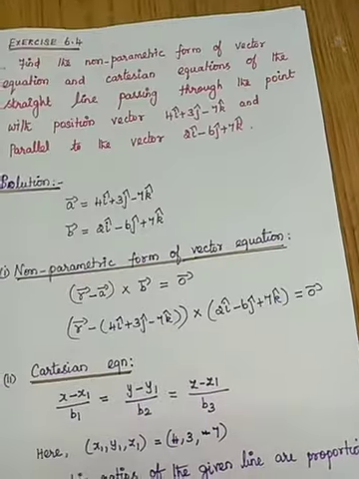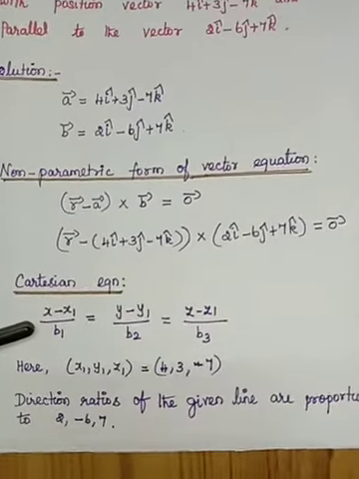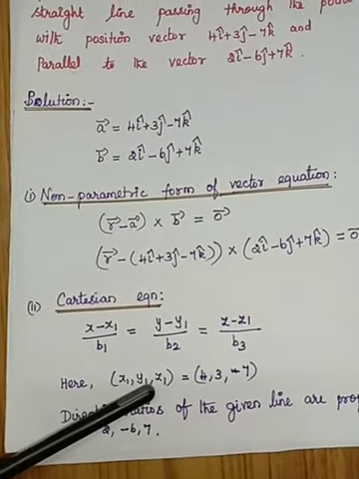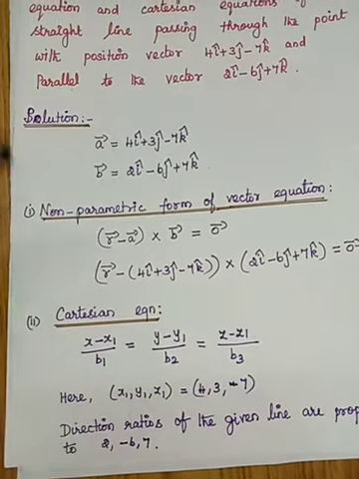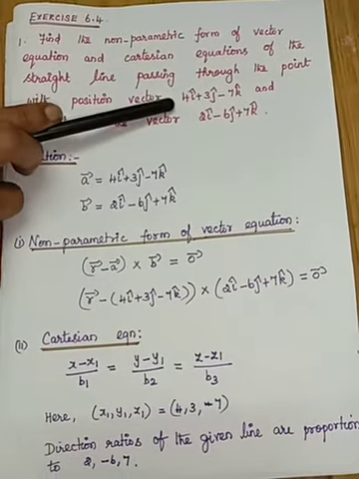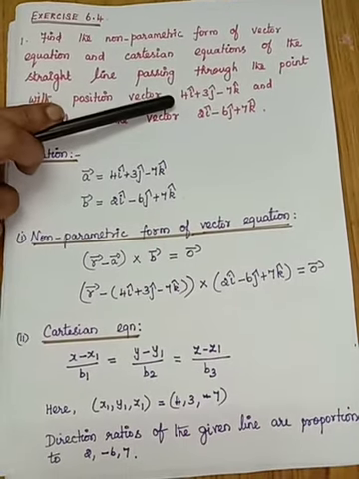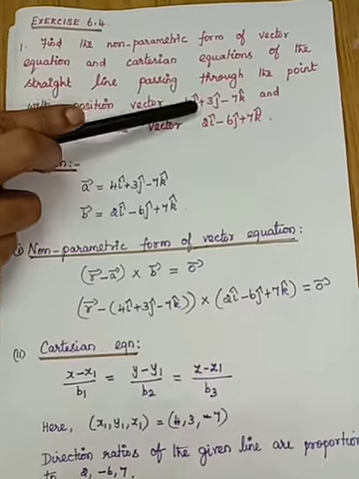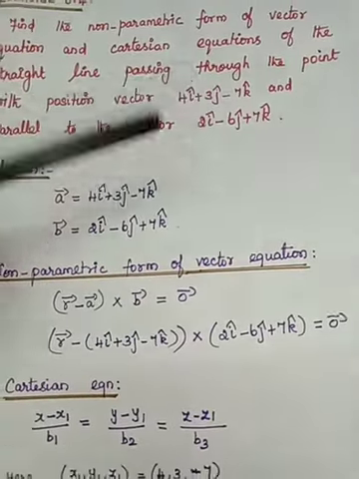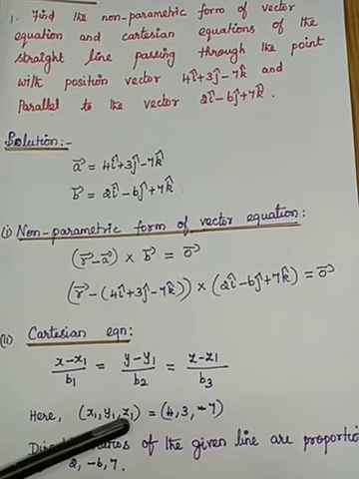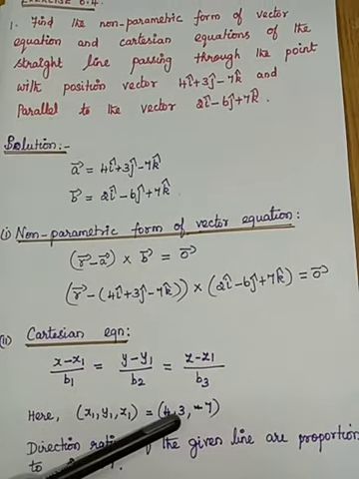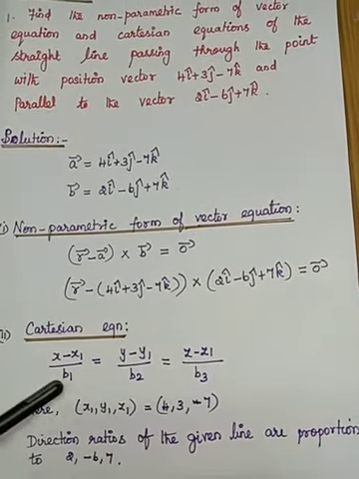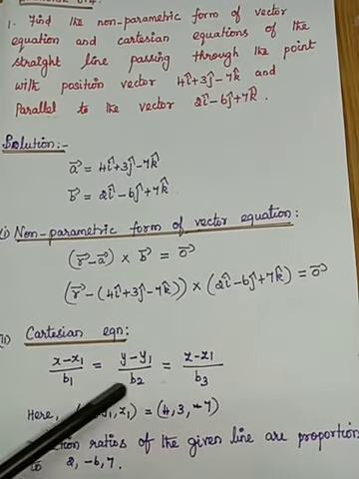Okay, so the formula is written. x1, y1, z1 has to be taken from the passing point. Here the position vector is given, therefore the passing point is 4, 3, minus 7. So x1, y1, z1 can be written as 4, 3, minus 7. Next you have to consider b1, b2, b3.